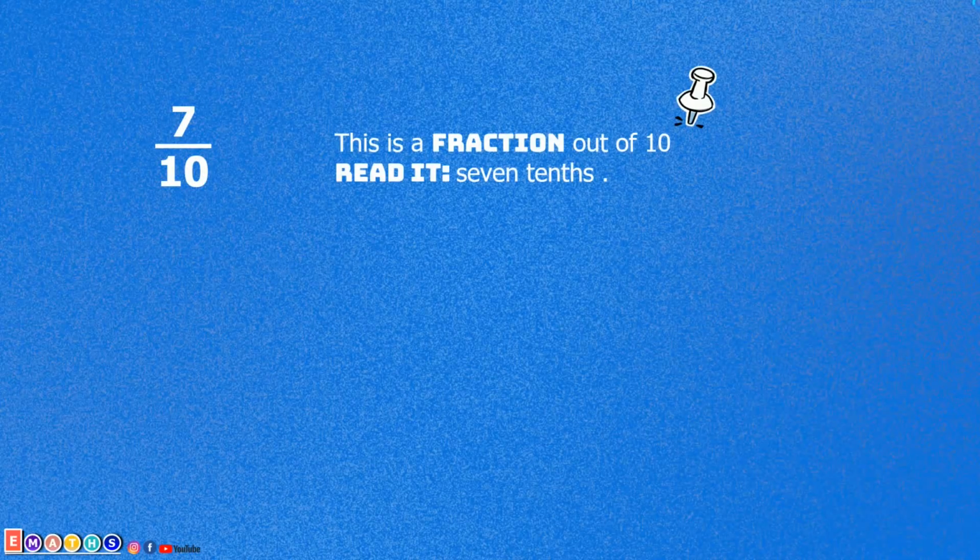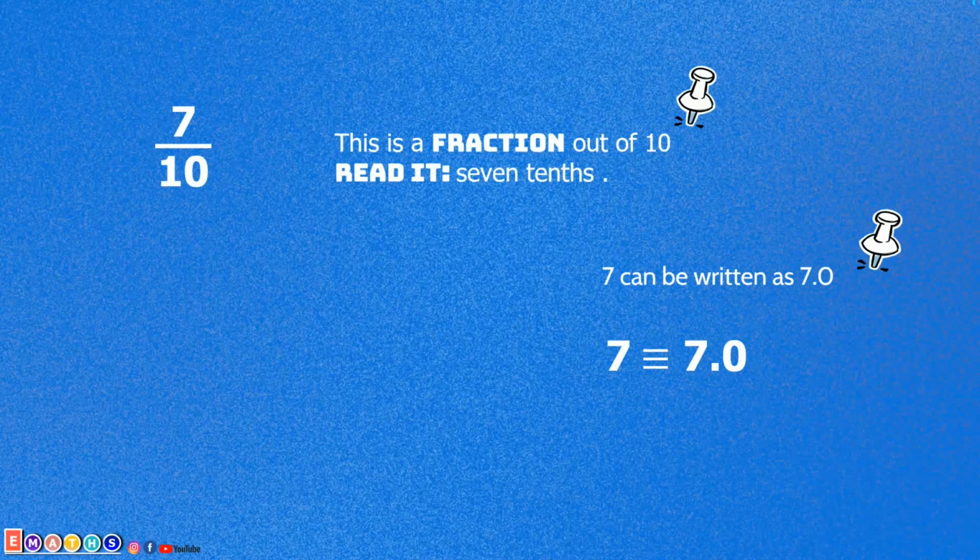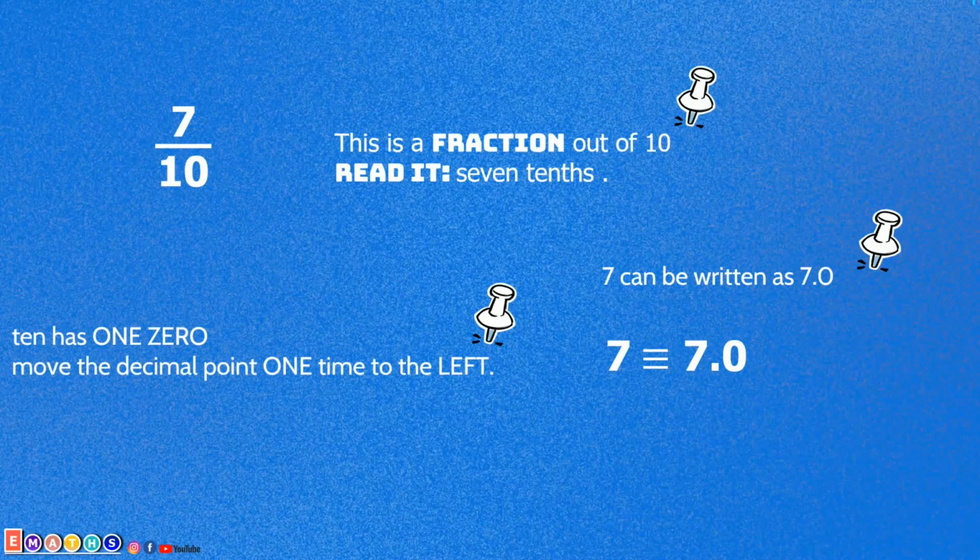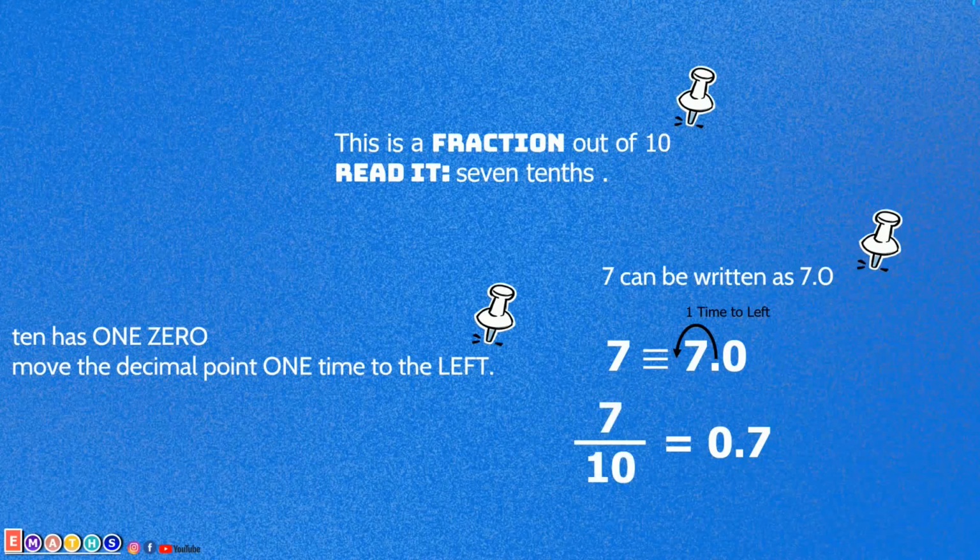This is a fraction out of 10. We read it as 7/10. 7 can be written as 7.0. 10 has 1 zero. We move the decimal point 1 time to the left. Fraction 7/10 equals 0.7.